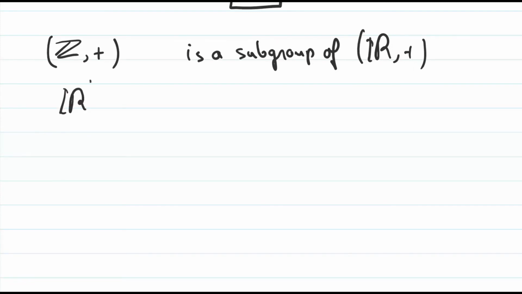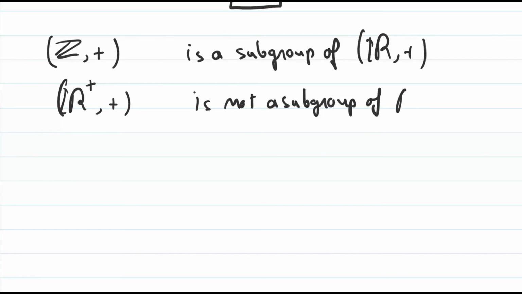The set of positive numbers with plus is not a subgroup of R with plus. Why? It's stable by plus. Plus is still associative, it has a neutral element. But the inverses don't exist anymore. So this one is not a group in itself, so I cannot say it's a subgroup of R.